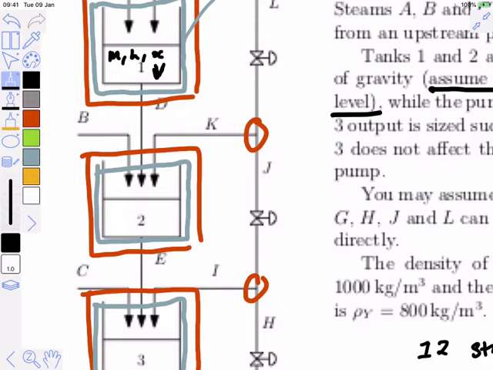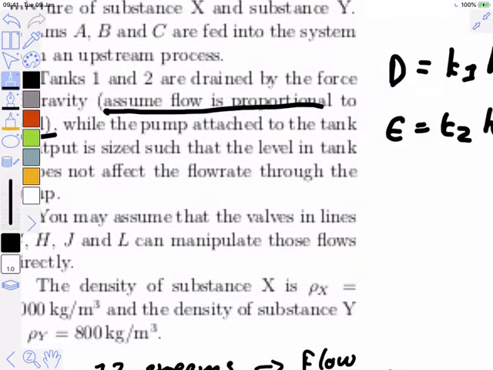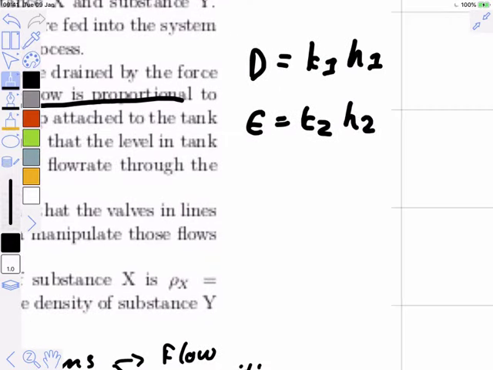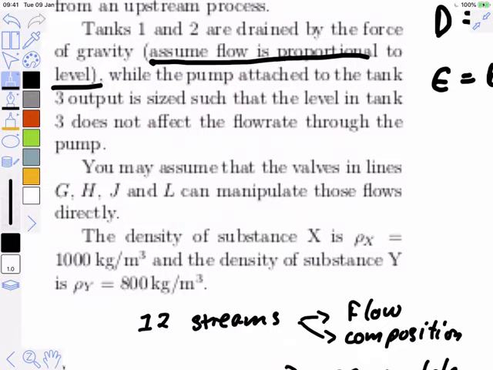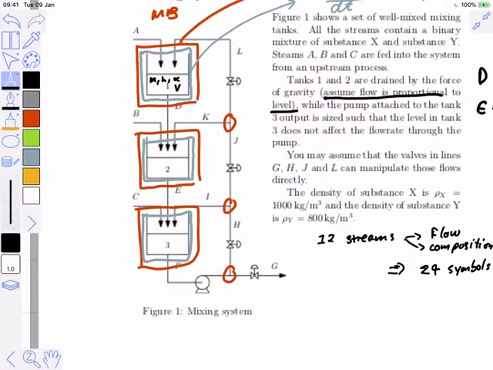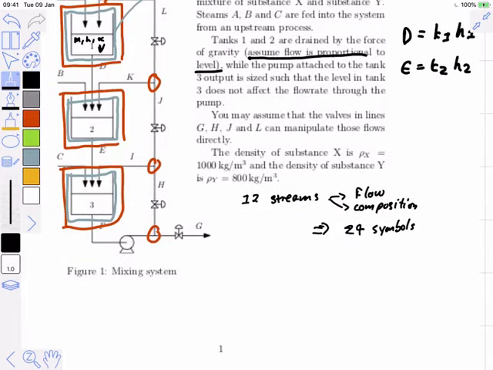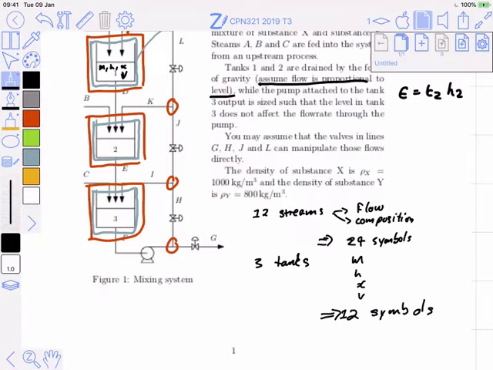Why do I need the level? I know I need the level because I've already written down an equation that refers to the level. So I'm definitely going to have a level as well. So if I have all four of those things in each one of the 3 tanks, that's 4 each, so that's another 12 symbols. Okay, so I'm up to 36 symbols.